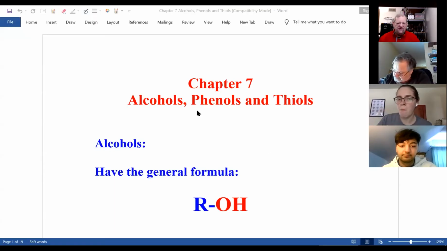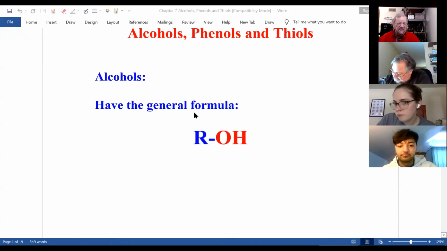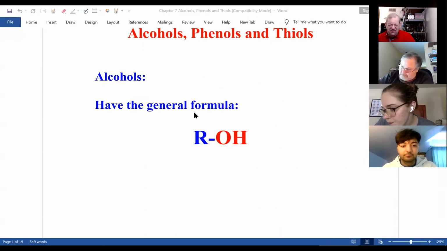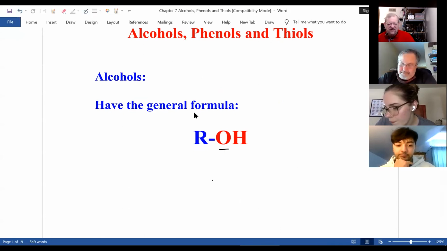And what's that new functional group? It's alcohols. We'll also talk about phenols and thiols. And this is a new chapter. What's an alcohol? Well, up to now, all the things we've talked about, the molecules that we start with have only carbon and hydrogen. Now we're going to use oxygen, and this is an alcohol.